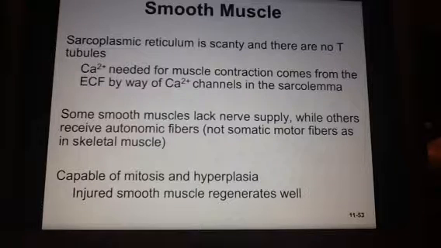No T-tubules here. The calcium comes from the extracellular fluid from calcium channels in the cell membrane. Some smooth muscles don't have a nerve supply, but others have autonomic fibers, but that's different than the somatic fibers in skeletal muscle.